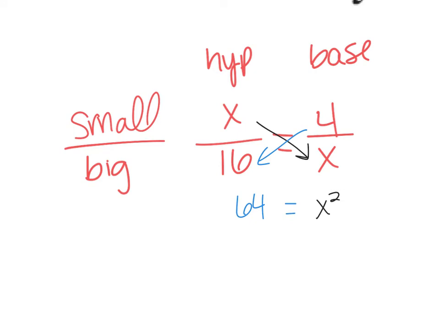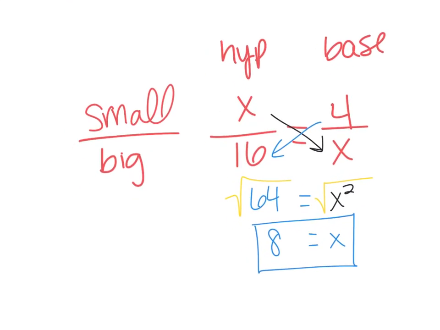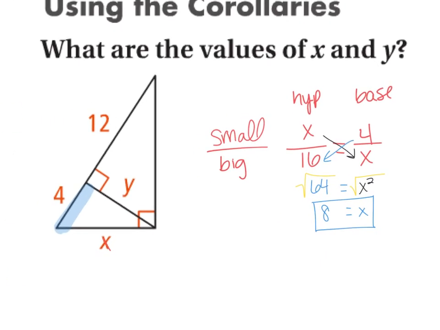You do the opposite of squaring, which is take the square root of X squared and the square root of 64. The square root of X squared is X, and the square root of 64 is 8. It's a whole number, so X equals 8. Good, we have one answer. Now we have to find Y.